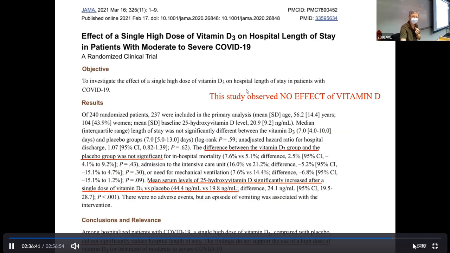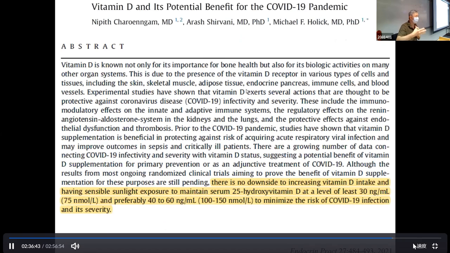But given that vitamin D has no adverse effect, the recommendation has been that it probably does no harm, even if it doesn't work. So this is what I highlight here for you to draw attention to.